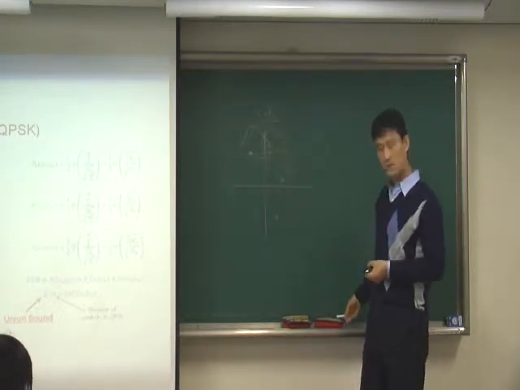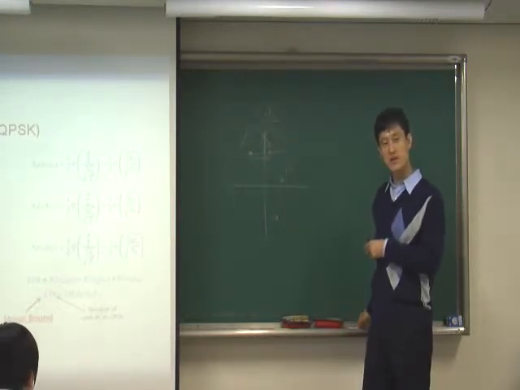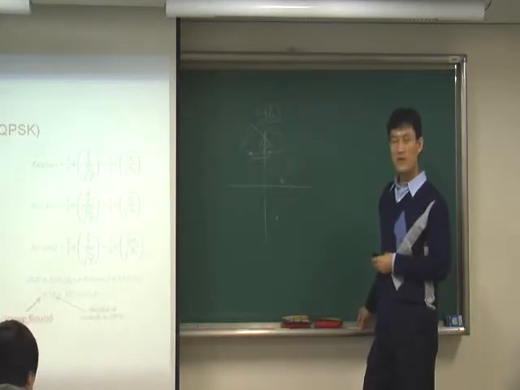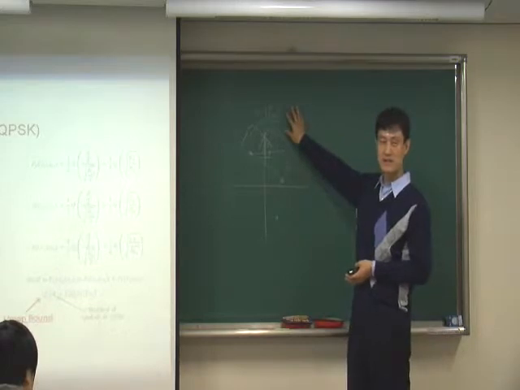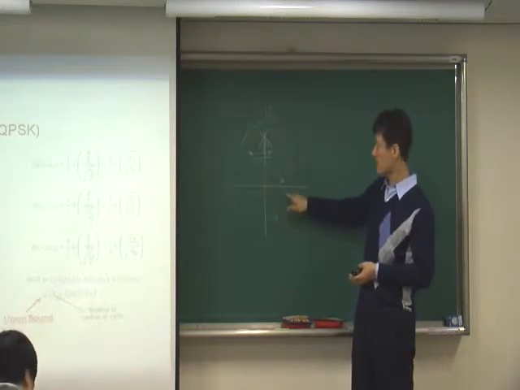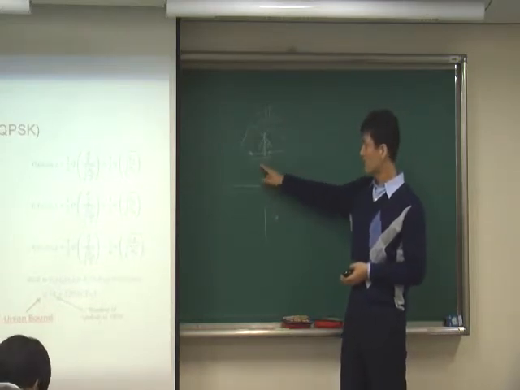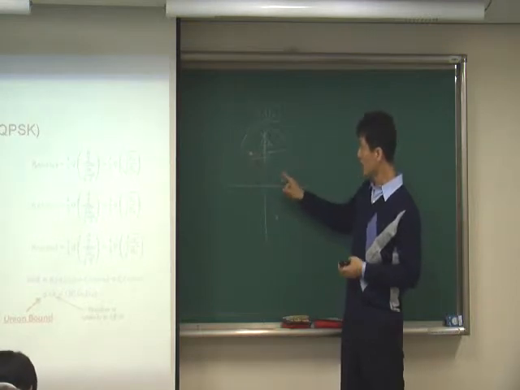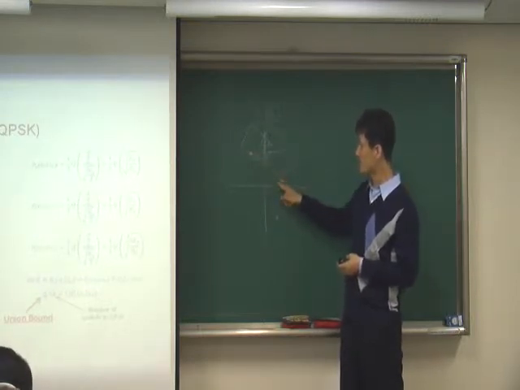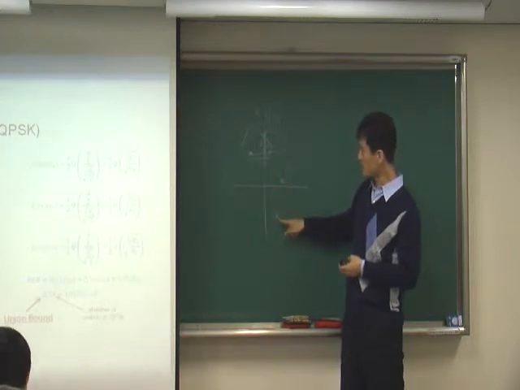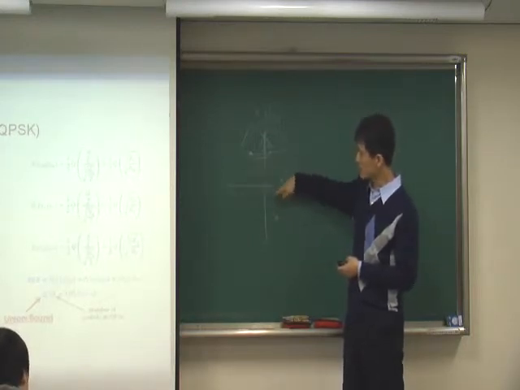Okay, that's called union bound. Of course, this is overestimated, right? The bit error rate is not as high as this, in fact. Because in this case, P2, this bit error rate is actually lower than P1 because you have a larger distance. Case 3 also, this one has an even larger distance.